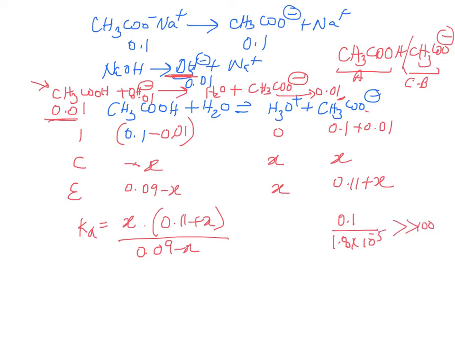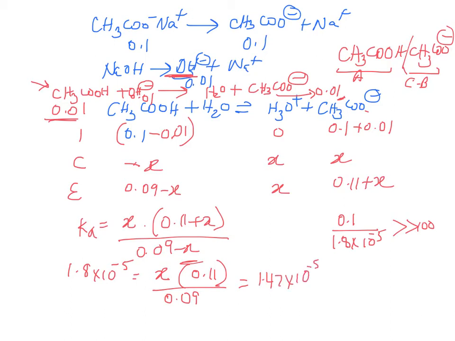The approximation is valid, and so you can neglect the value of X and you can rewrite this as 1.8 times 10 to the negative fifth is equal to X times 0.11 divided by 0.09. And now we are going to solve. As we solve, X will come out to be 1.47 times 10 to the power of negative fifth molar, and X is nothing but the hydronium ion concentration.